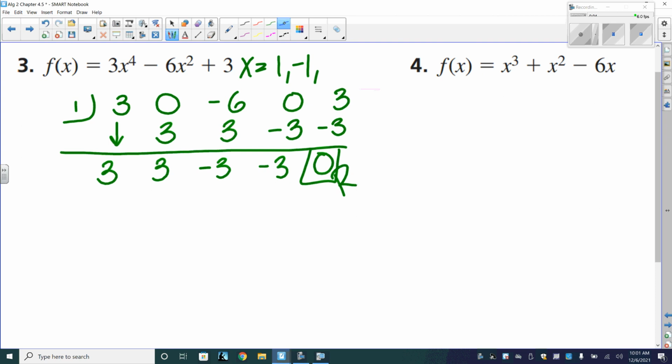What number do we want to try next? Doesn't matter. Which one do you want?